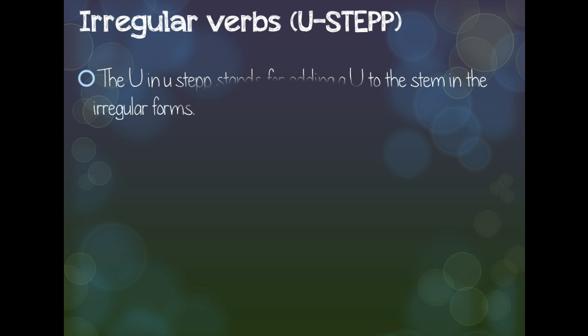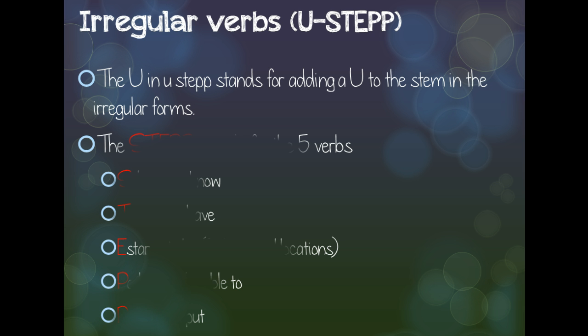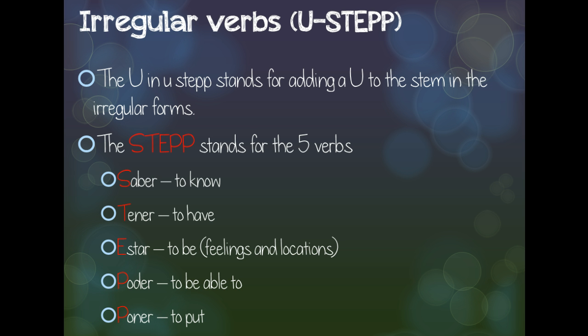So to start, our USTEPP verbs, the first part is the U. The U in the USTEPP stands for adding a U to the stem in the irregular forms. So some of you will ask, well, what is the stem? The stem is actually the part of the verb that does not include the ending. So we'll go over that in just a couple minutes. The STEPP, S-T-E-P-P, stands for the 5 verbs that fall into this category.